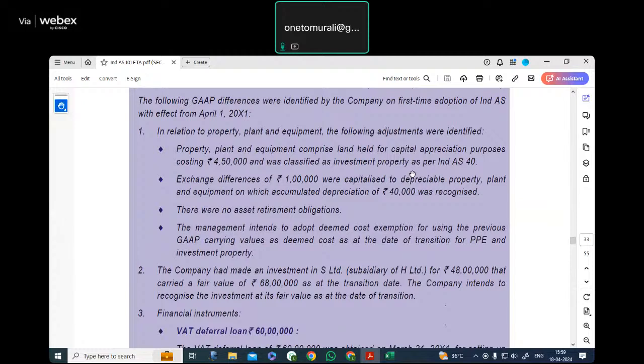No asset retirement obligations that you have. The management intends to adopt the deemed cost exemption, so we don't have to trace back. We can adopt the previous GAAP figure. This is what practically we have also carried out. So it intends to adopt the deemed cost exemption for using the previous GAAP carrying value as deemed cost as on the date of transition for PPE and investment property.